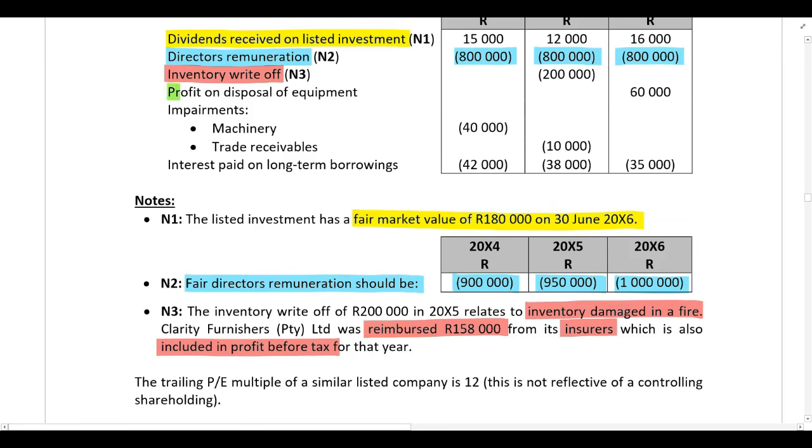We then have a profit on disposal of equipment in the most recent year. We also have impairments. So first we can see machinery was impaired in 20x4, and then we have trade receivables being impaired in 20x5. Now please note, an impairment of trade receivables is just bad debts being written off.